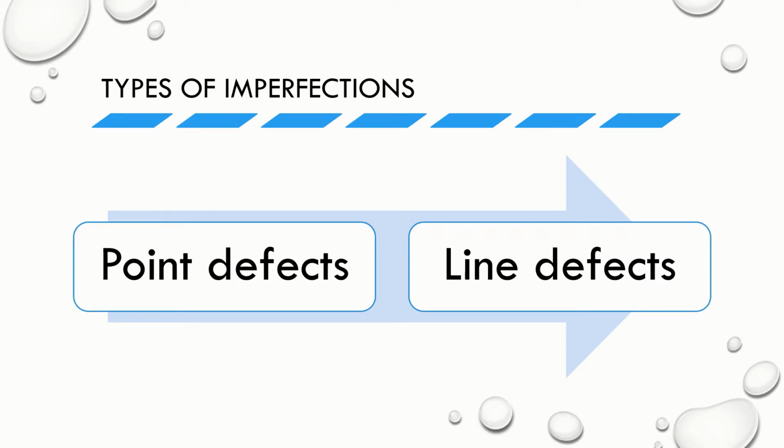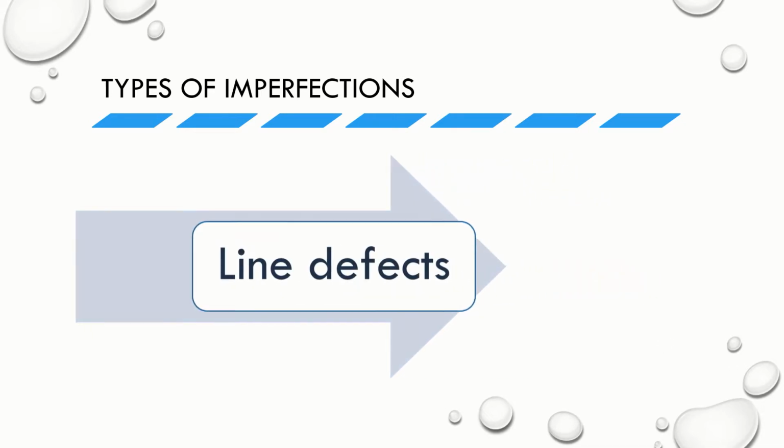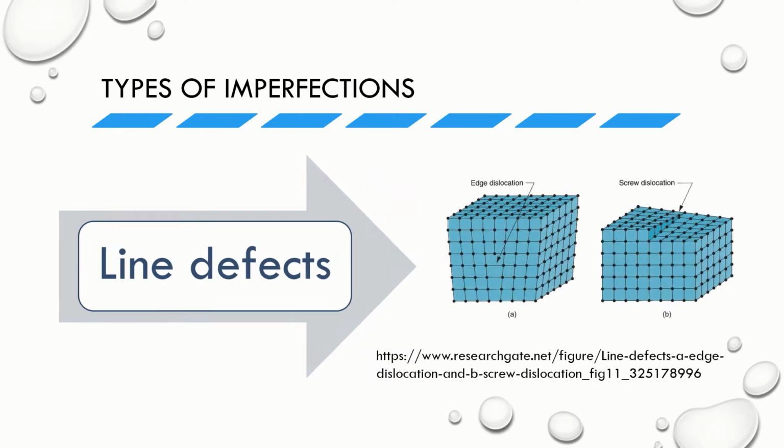However, when the deviation from the ideal arrangement exists in the entire row of lattice points, the defect is called the line defect. When we talk about line defects, there are two main types. We have what are known as edge dislocations and skew dislocations.